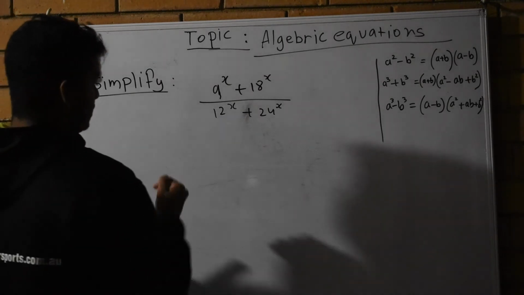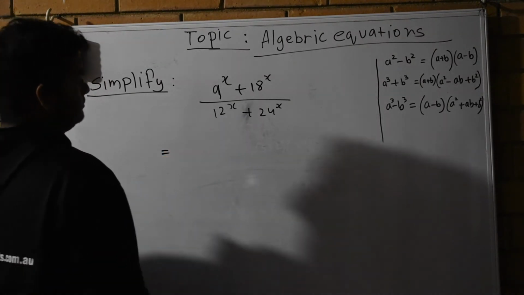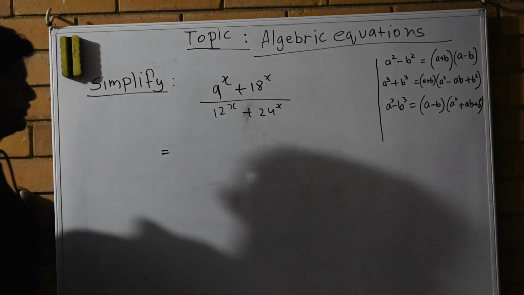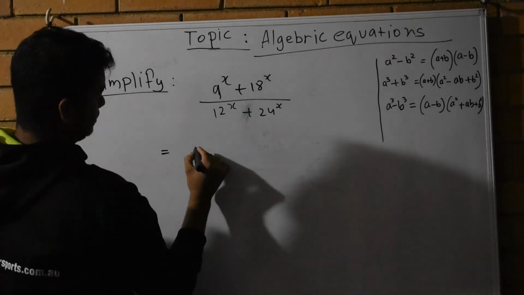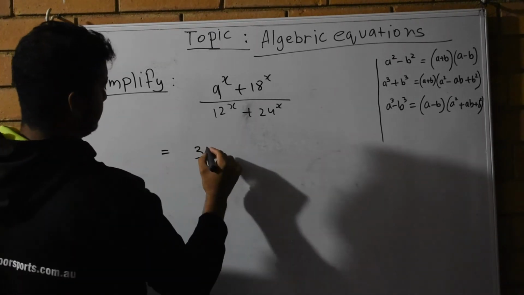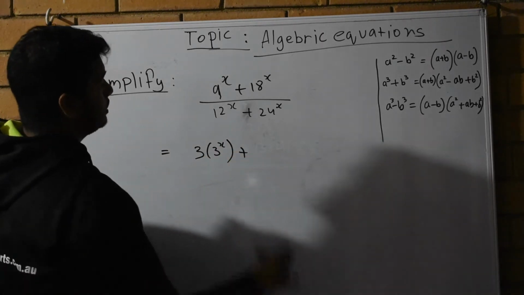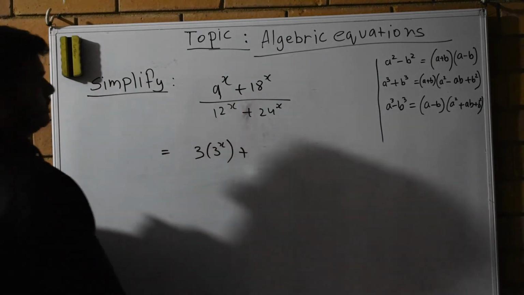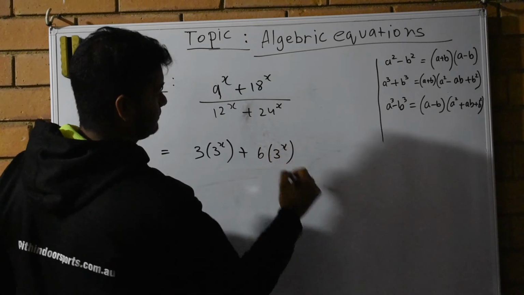How I would do this personally is, you can see these are all multiples of 3. So we take out 3, and then 3 to the x, plus, divide by 3, so that's 6 times 3 to the x.